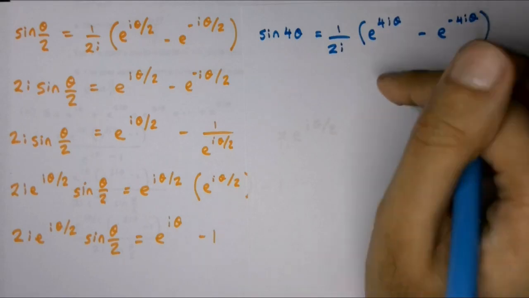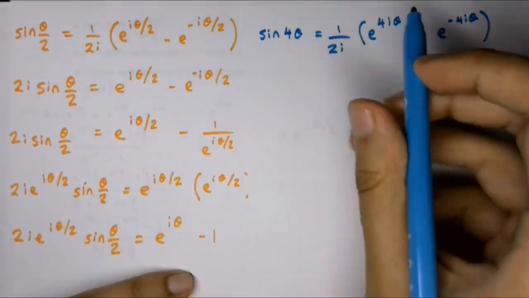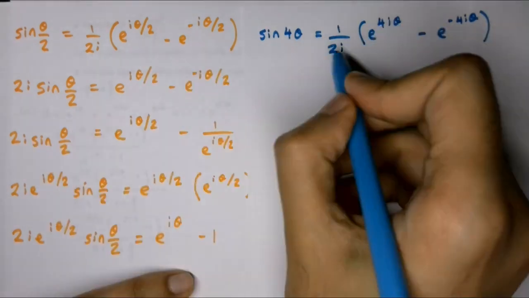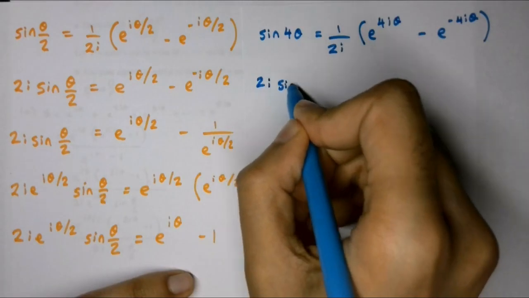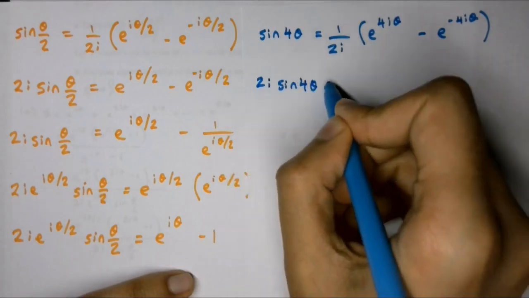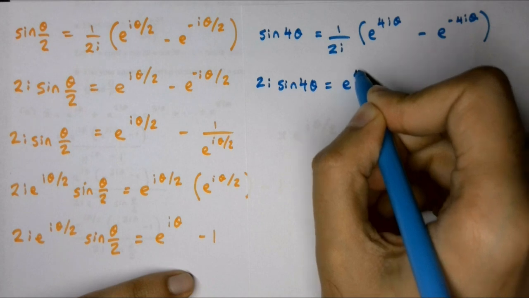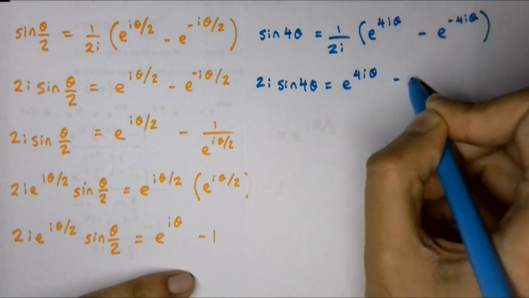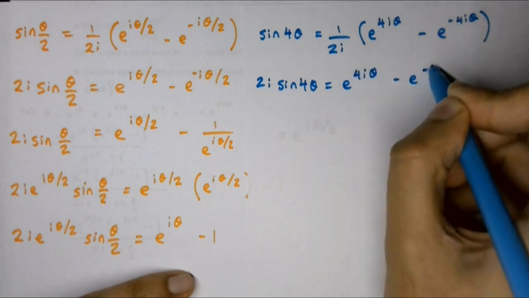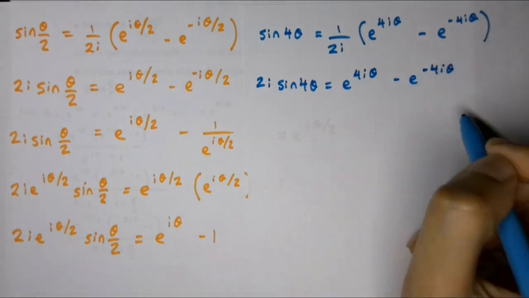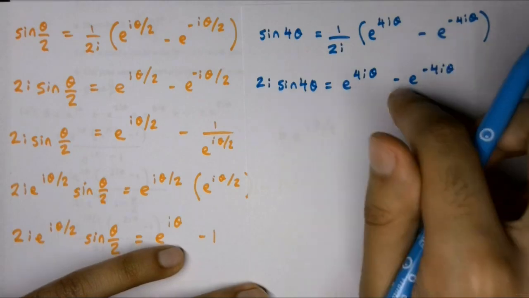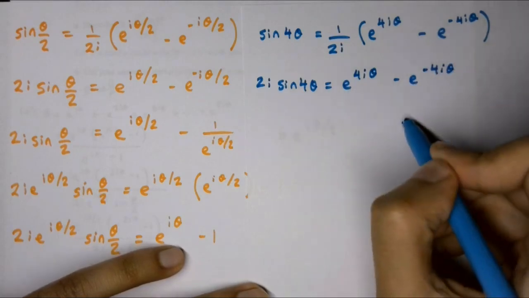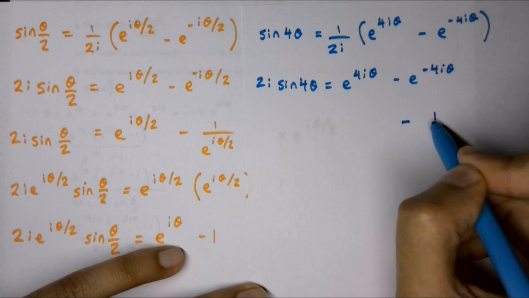So with this, like we did over here, let's first of all multiply through by the 2i. So we've got 2i sine 4 theta equals e to the 4i theta minus e to the minus 4i theta. E to the minus something is just 1 over e to the something.